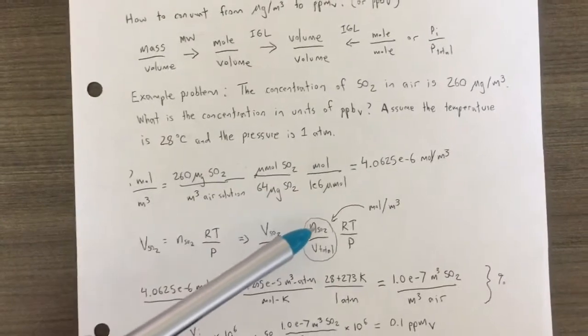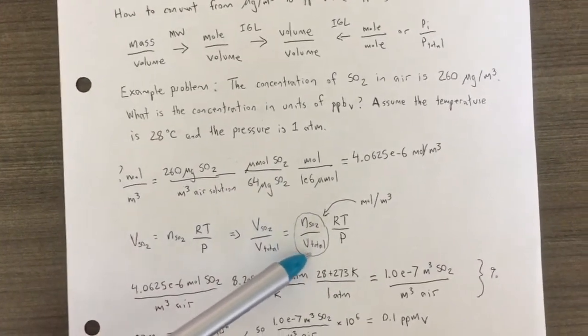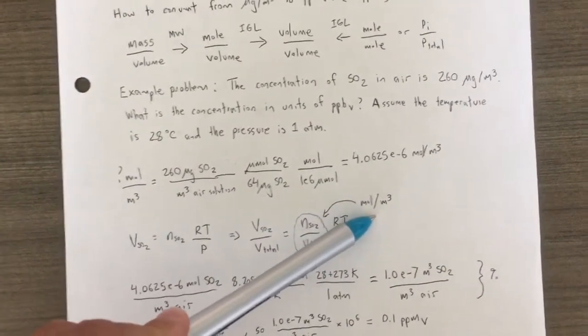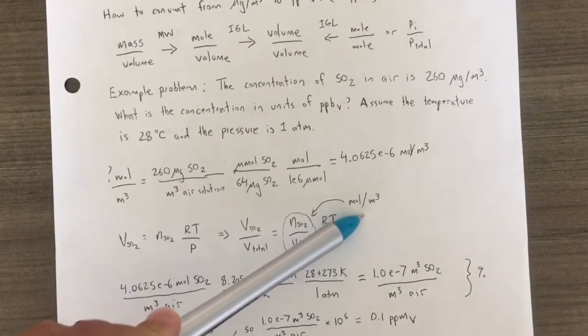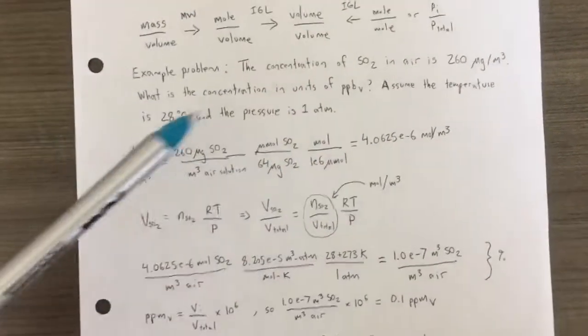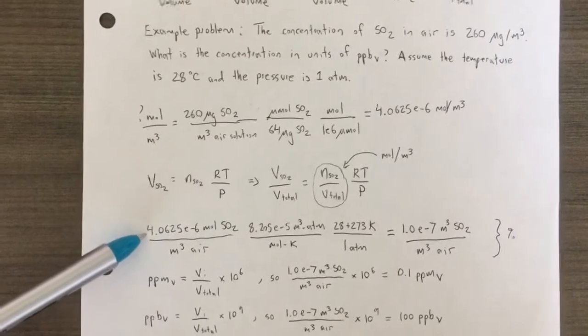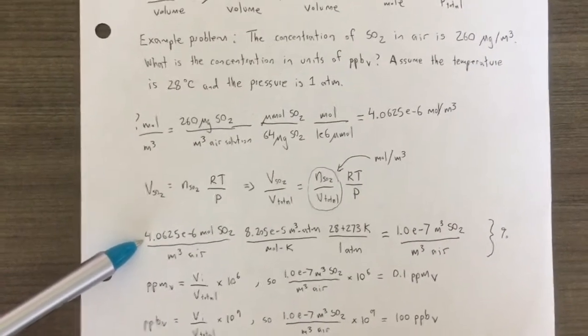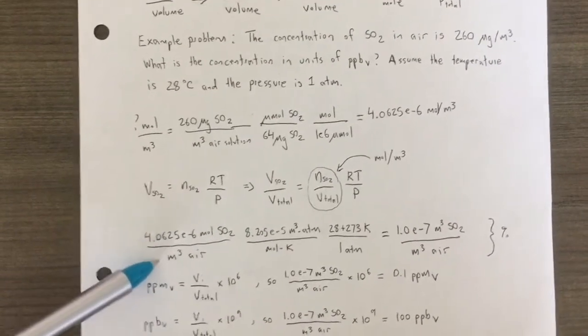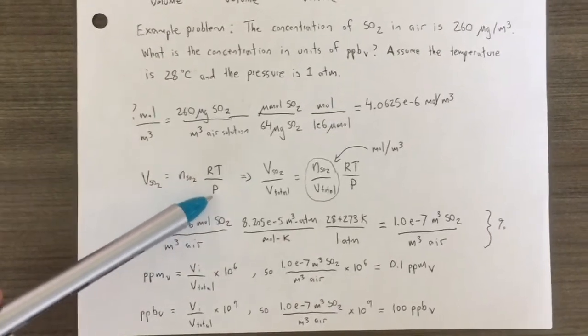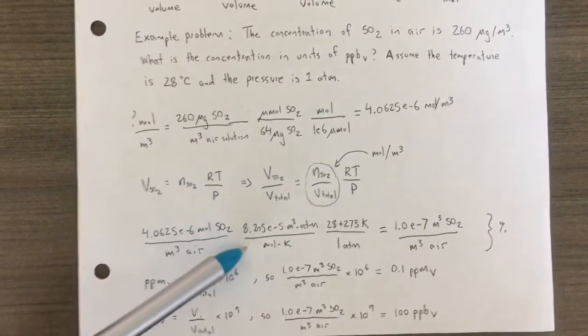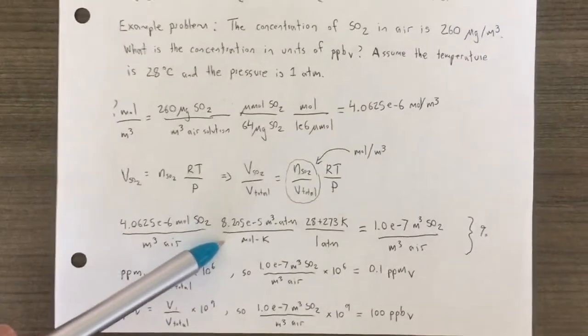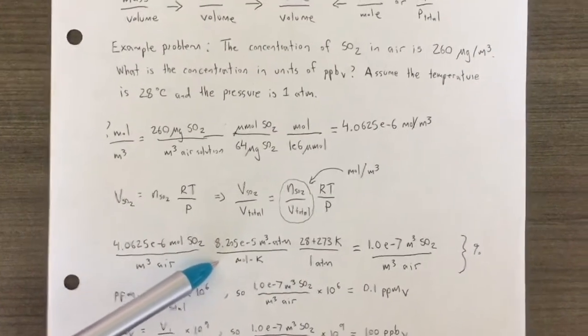That's where we were trying to get to. And we also get the moles of SO2 over volume total, which is something that we know. We calculated that in the previous line. So we take our answer that we determined just two lines above, our moles of SO2 per meter cubed, and we apply RT over P. There are many different R's we can use that have different units associated with them.